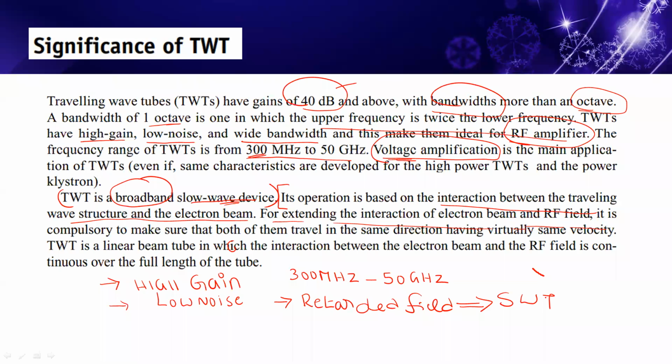So it is a slow wave structure, broadband device, slow wave device, high gain, low noise, wider bandwidth, with a frequency range up to 50 gigahertz, a very good slow wave structure with voltage amplification.